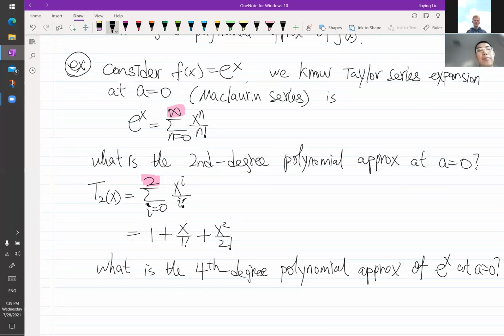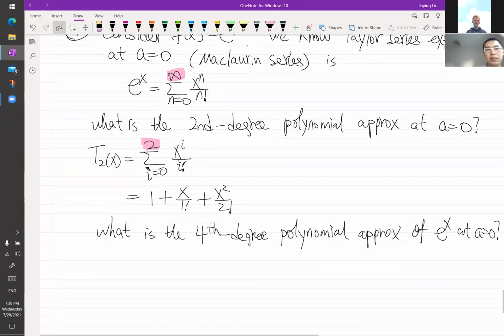It's a polynomial approximation with a given degree. The degree fixes how many terms you can add in the series. It's a partial sum of a Taylor series, not the entire infinite sum.